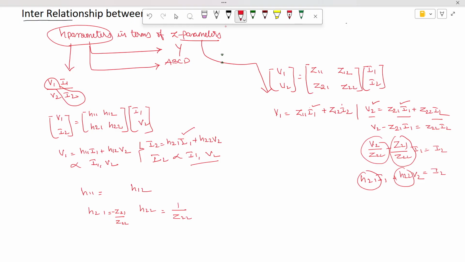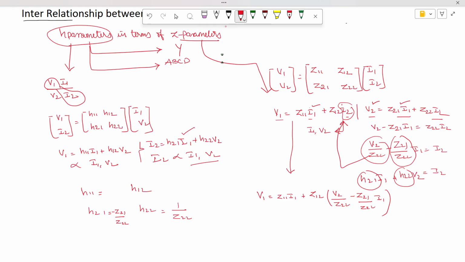In this equation we require the equation of V1 in terms of I1 and V2, but the problem is I2. We have to express I2 in terms of I1 and V2, which is there in this equation. So substitute this in the place of I2. The resultant equation we are going to get: V1 is equal to Z11 I1 plus Z12 I2. I2 is V2 divided by Z22 minus Z21 divided by Z22 times I1.